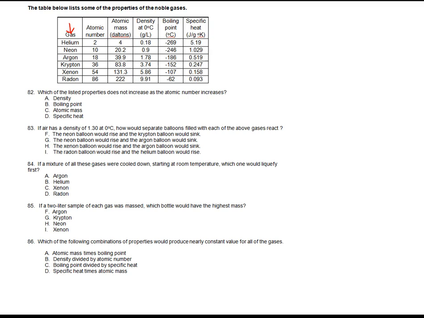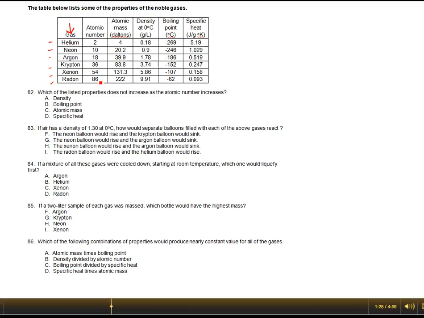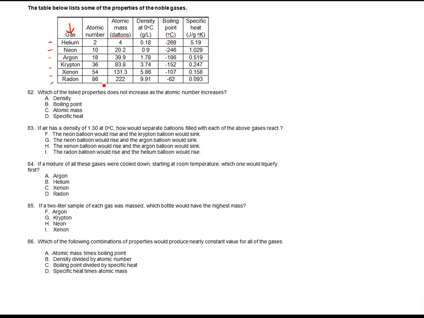All right, 82 says, which of the listed properties does not increase as the atomic number increases? Okay, so notice, these are in order of ascending atomic number. Here's 2, here's 86. So this is saying which of these does not get bigger as those atomic numbers get bigger.